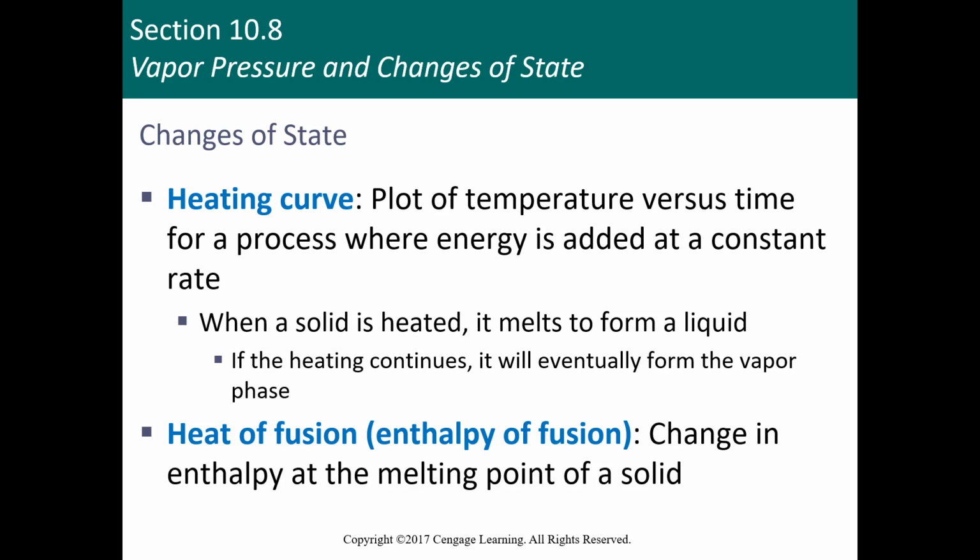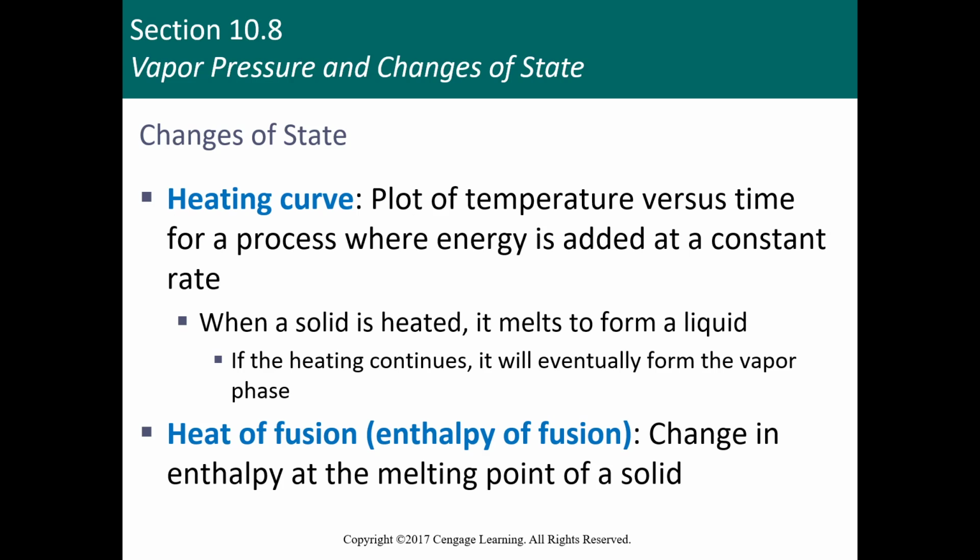Changes of state. When we talk about changes of state, it's usually best to think of these in terms of a heating curve. That's how I pretty much do all my changes of state in my head. You take a plot of temperature versus time for a process where the energy is added at a constant rate.